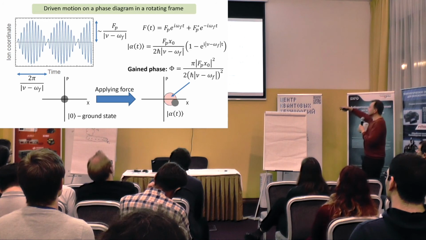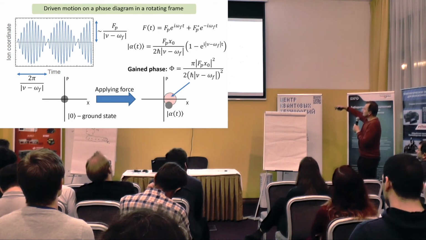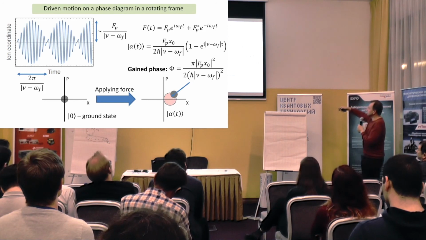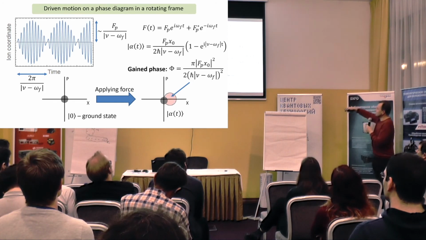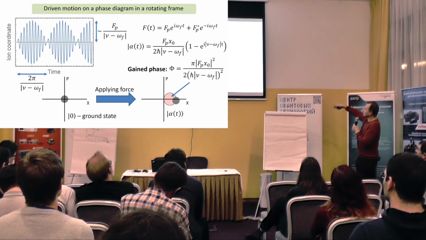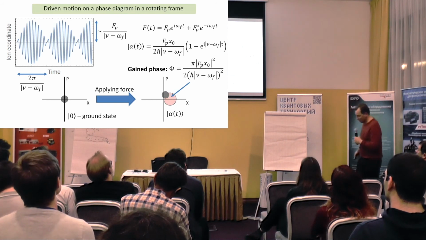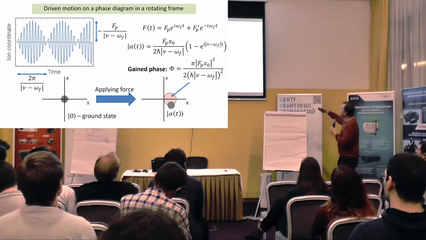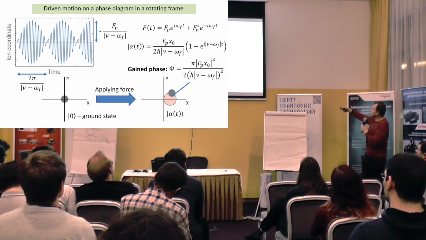The important issue is that it's state dependent, which means that if we do some manipulation with this two-level system, we will gain some additional phase. So this red circle, which is denoted here, and the additional phase is given by the force and by the detuning.